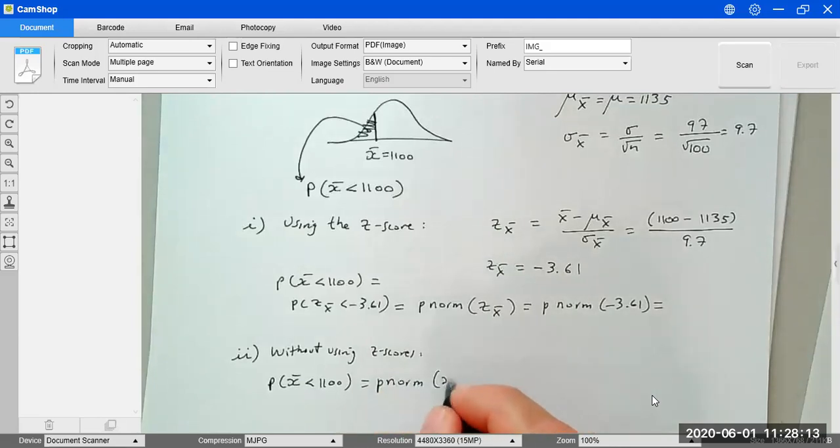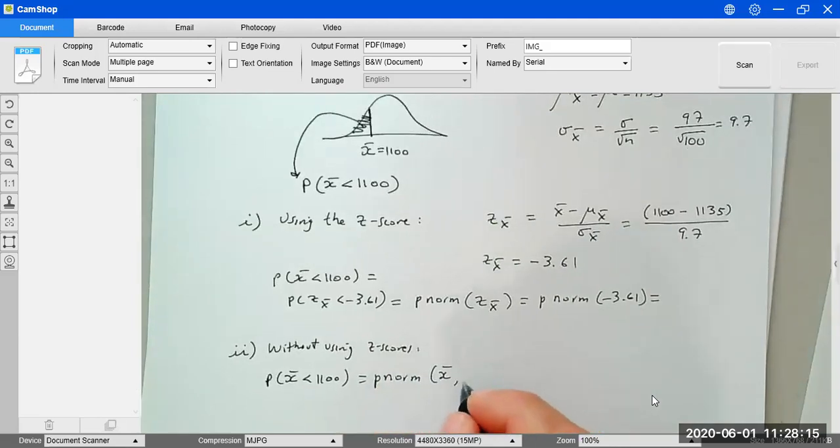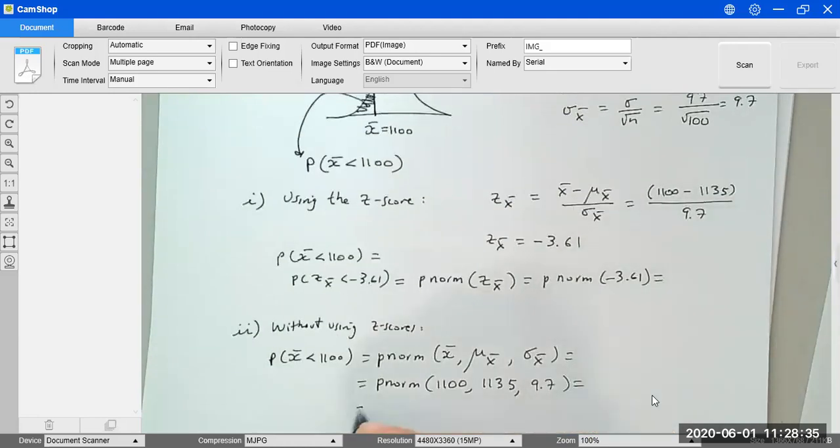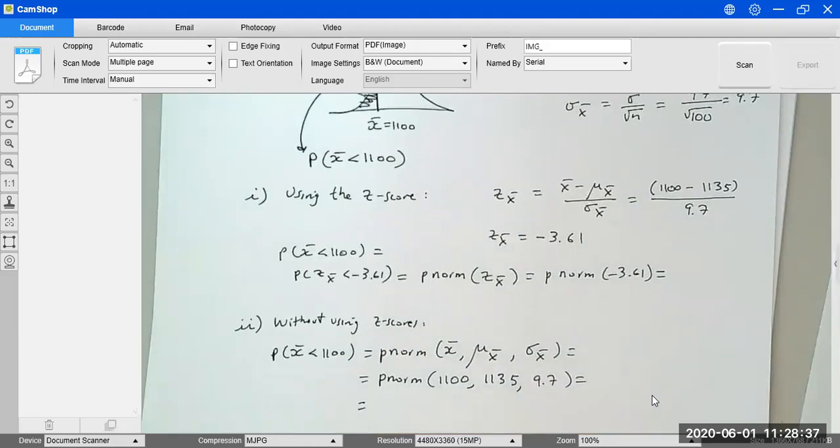We're going to use the mean of interest, the mean of the population of means, and the standard deviation of the population of means. So this is just pnorm of 1100, 1135, and 9.7. So this is what we're going to do now with R.